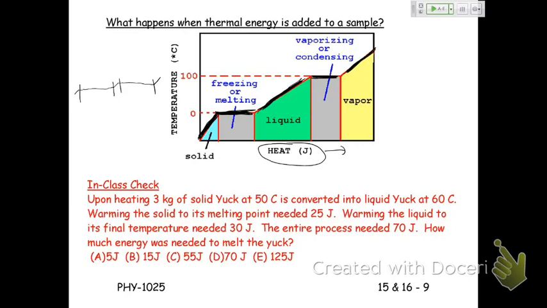So here's the thing. If I'm putting heat in, let's say I start here. I'm solid, I'm not at my melting point, and I give you so much energy. You use some energy to get to your melting point.